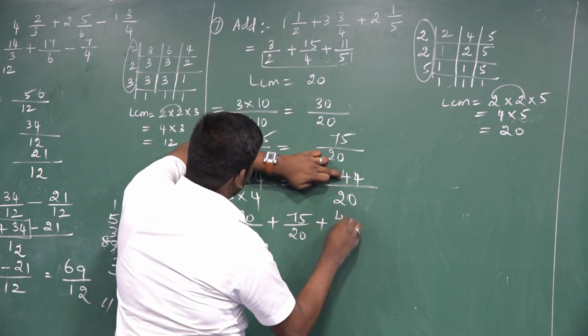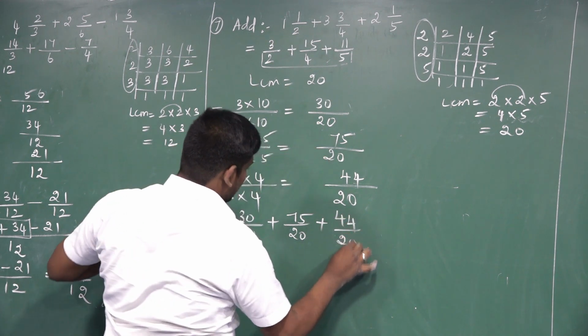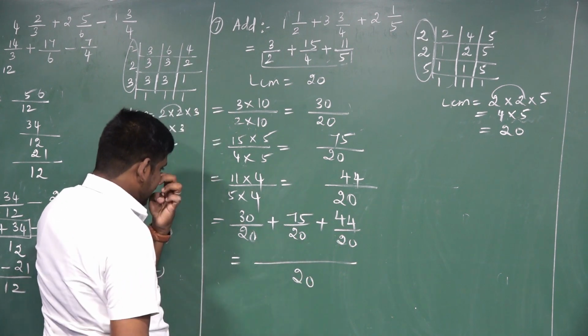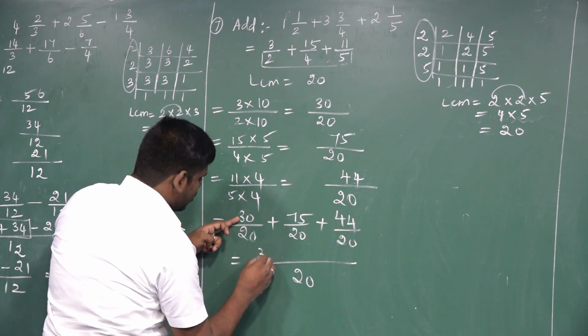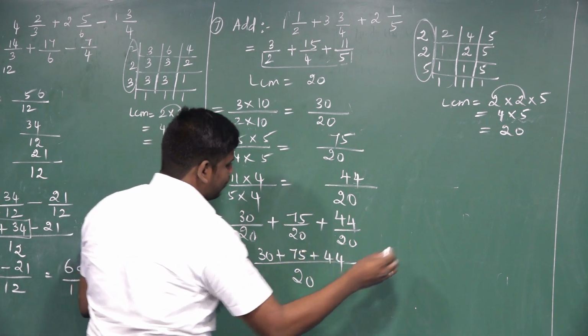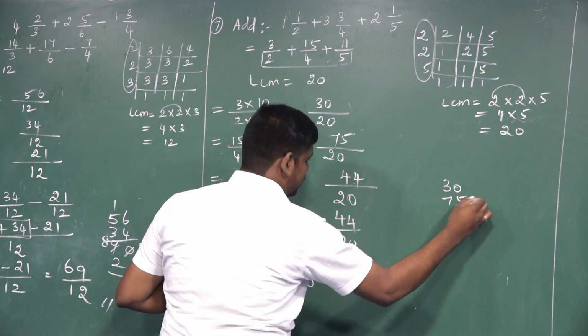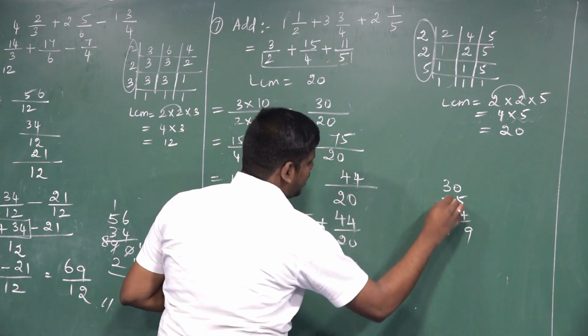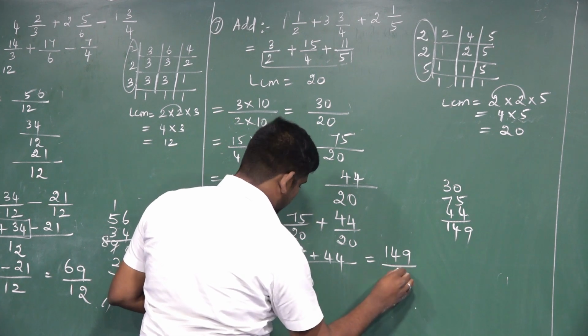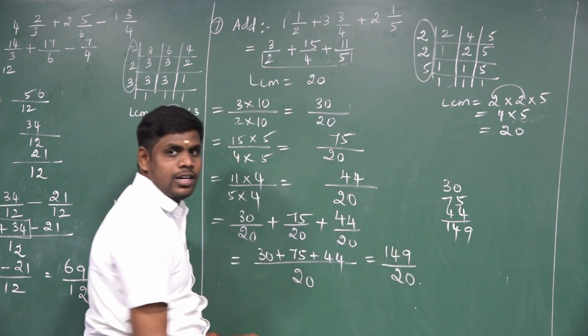Then see the symbol plus. 44 divided by 20. See here all the denominators are same. So we write one time. Then add all the numerators. 30 plus 75 plus 44. 9, 10, 14. So the answer is 149 divided by 20.